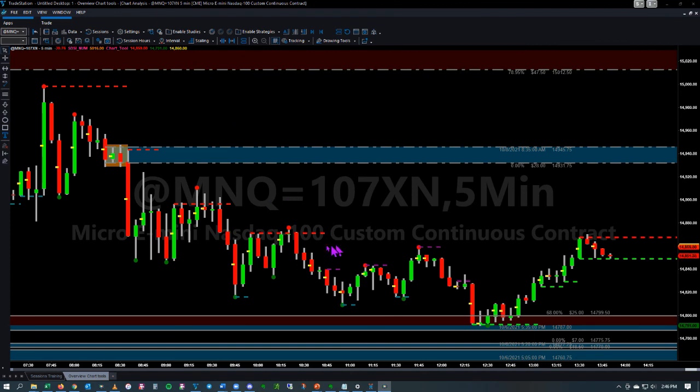So here is a chart in which I have our Ultimate Chart tool loaded on here, and you can see that the tool itself has the ability to mark the swing lows and the swing highs. It can show you the base highs and base lows, as well as the broken base highs and base lows.